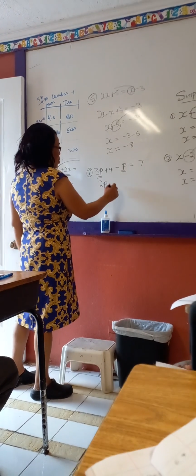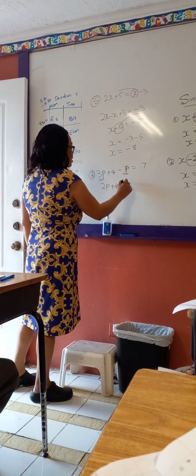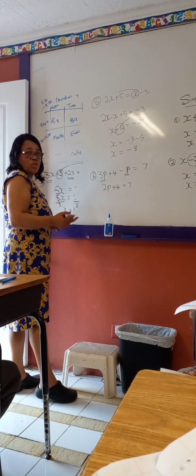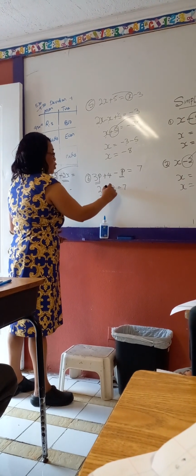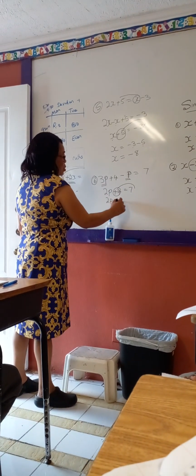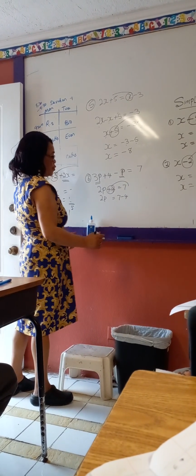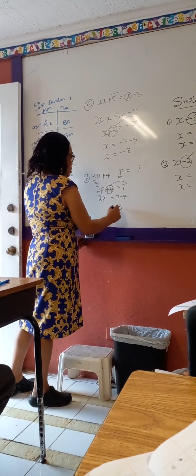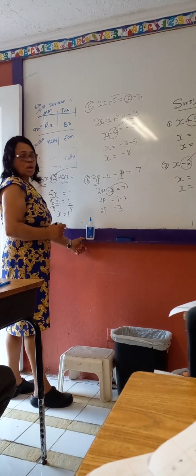So now I have 2p plus 4 equals 7. So I have to regroup my numbers. 2p, and I'm going to take this 4. It's going to be equal to 7 take away 4. 7 take away 4 leaves me with 3. 2p equals 3.